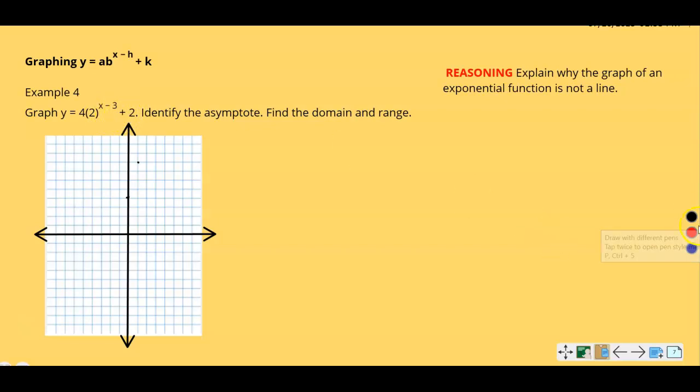So let me change colors here. So if I go 1, 2, 3, 1, 2, 1, 2, 3, 1, 2. I can easily sketch that graph because I already know what the parent function is. So again, I apologize before I do this, but I'm going to try to sketch this graph here.